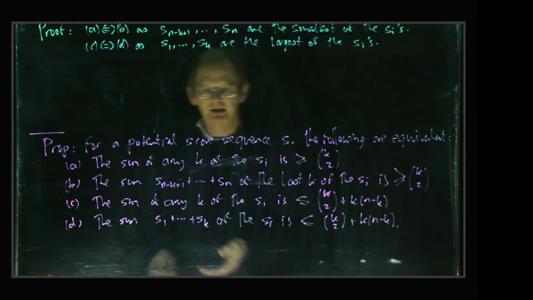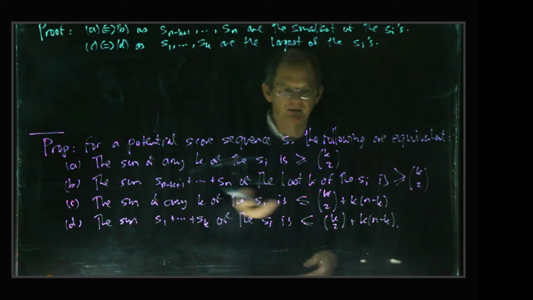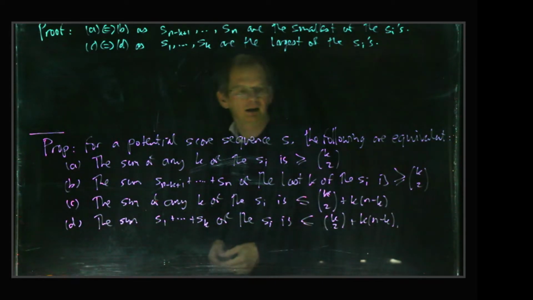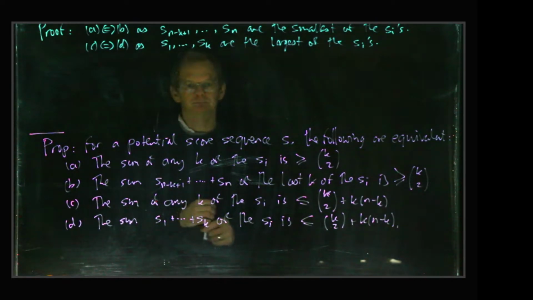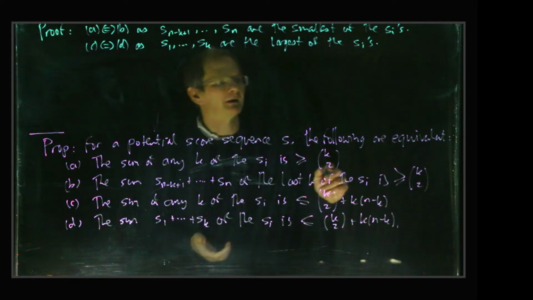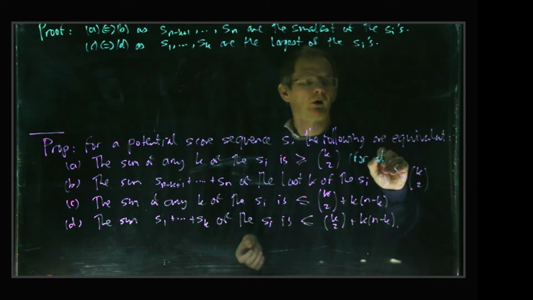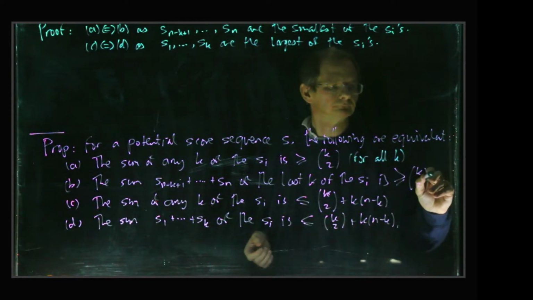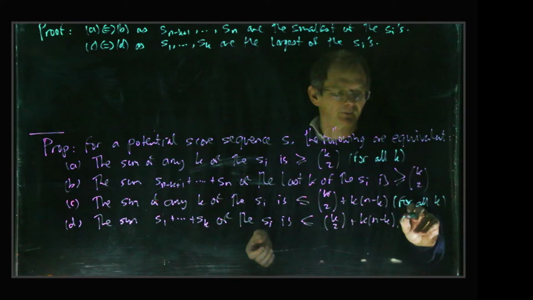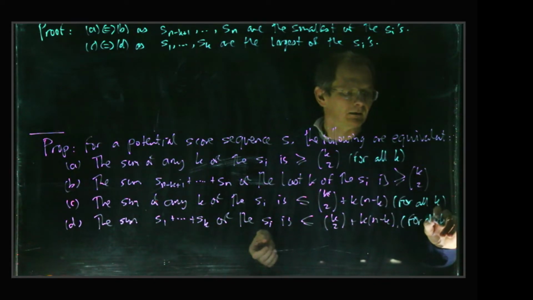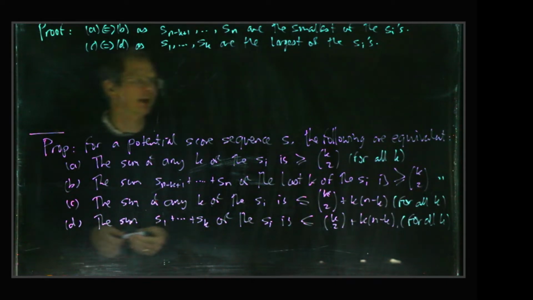And if you chose any other k of them, they'd be less than these ones. And so the sum of those will certainly be less than or equal to k choose 2 plus k times n minus k. And I should make clear that all of these statements are supposed to hold for all k.